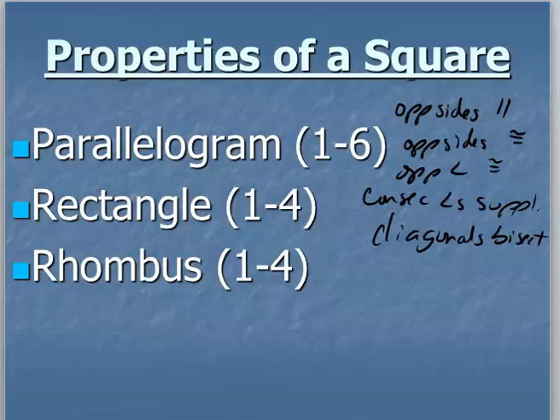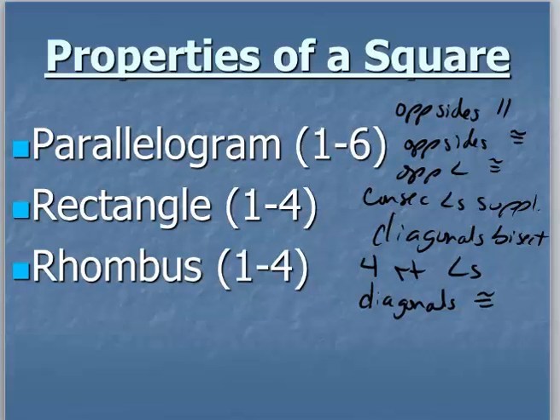In addition, a square also has all the properties of a rectangle, the 4 that we discussed. So it has 4 right angles, the diagonals are congruent, which makes all 4 little pieces of the diagonal the same.